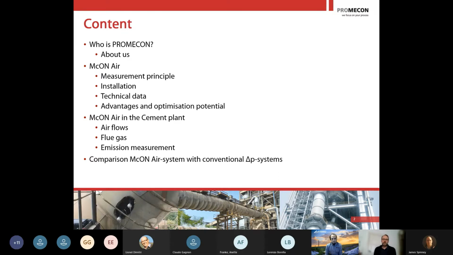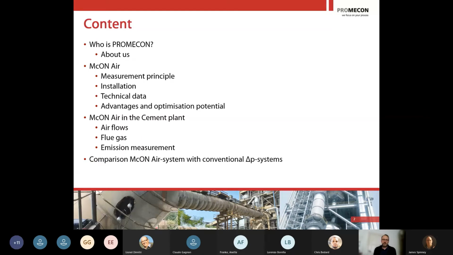Regarding measurement principle, the installation, technical data, and the advantages of the technology. And then we'll have a look at different applications in the cement plant, where you have a lot of dusty flows, where the measurement can be applied to.